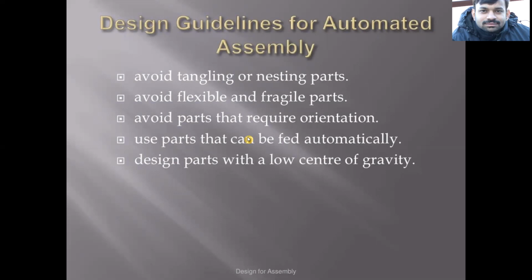Avoid parts that require orientation, so using symmetrical parts is preferred. Use parts that can be fed automatically, and design parts with a low center of gravity. If the center of gravity is situated at the lower part of the component, then it will have more stability.